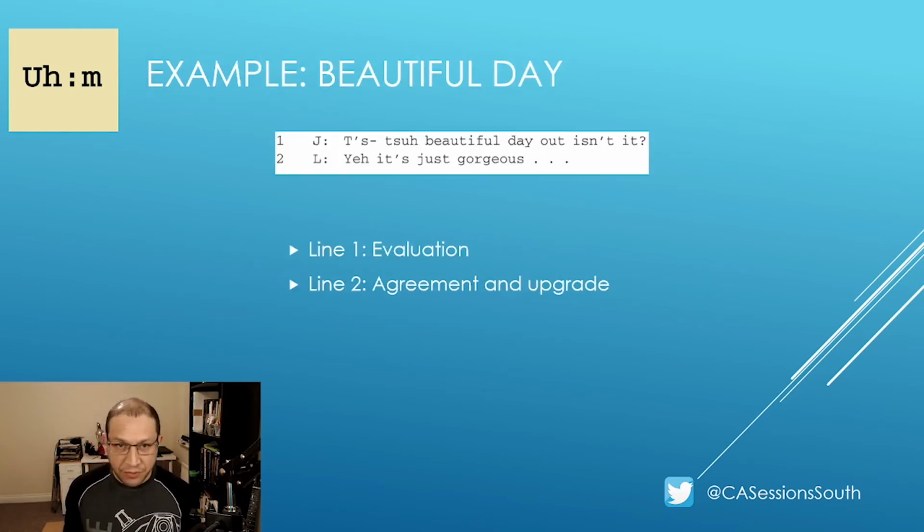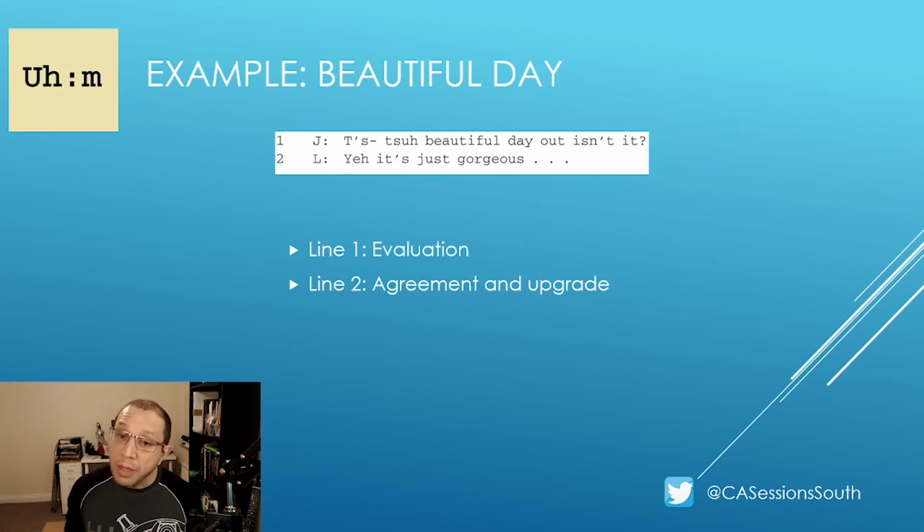To highlight the difference, this is a straightforward adjacency pair. In line 1, you have an evaluation. It stands alone in reference to the beautiful day. The turn design offers the evaluation up for approval.